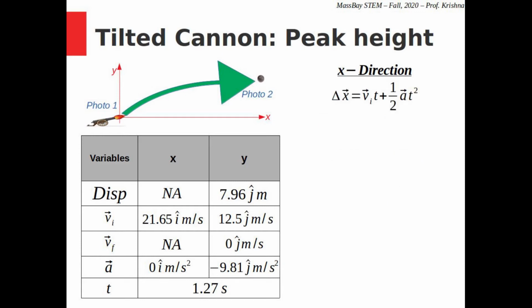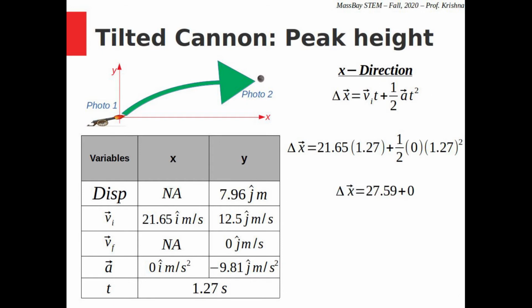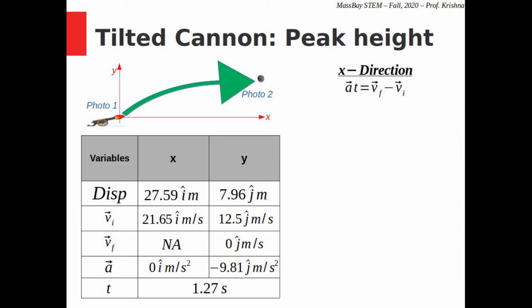We can use toolbox equation 2 in the x direction to find out how far it travels horizontally when it reaches the peak. 27.59 i hat meters. And finally, we can use toolbox equation 1 in the x direction to find the horizontal velocity at the peak.